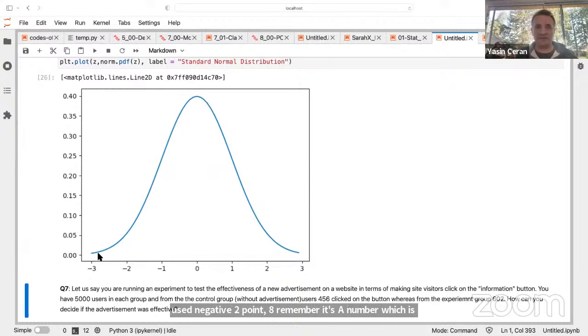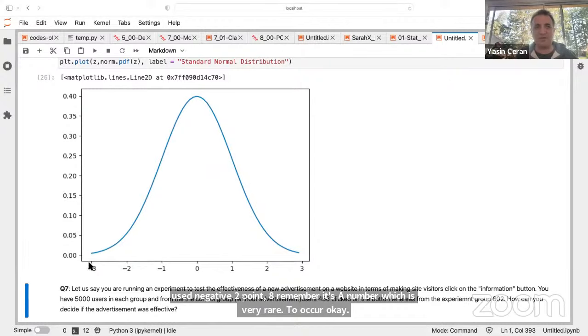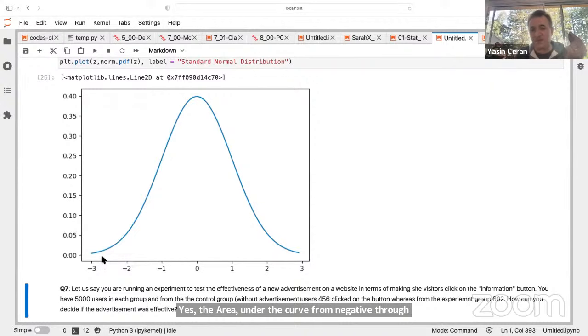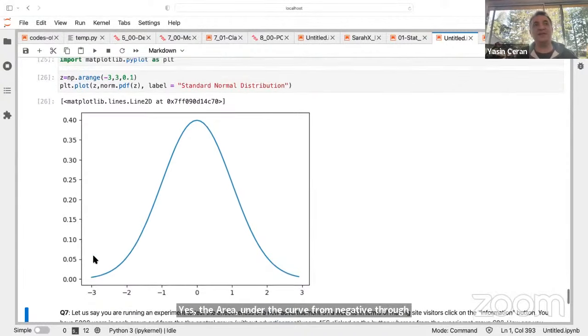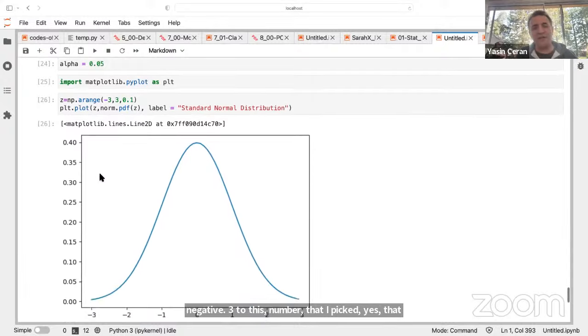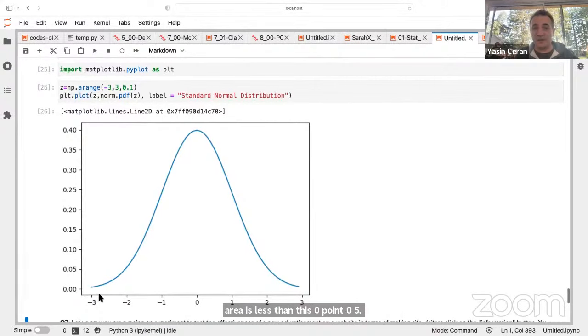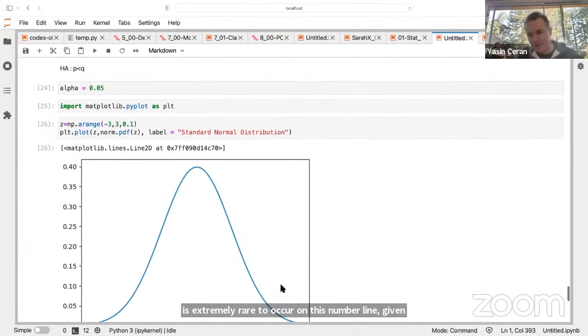If the area under the curve from -3 to the number I picked is less than 0.05, that means the number is extremely rare to occur on this number line, given this distribution.